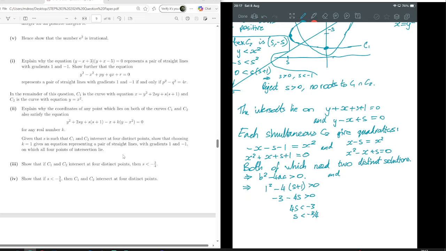And the other side, we're going to have, this time, negative 1 squared minus 4s is greater than 0, or 4s is less than 1, s is less than 1/4. For both to hold, s must be less than negative 3/4.